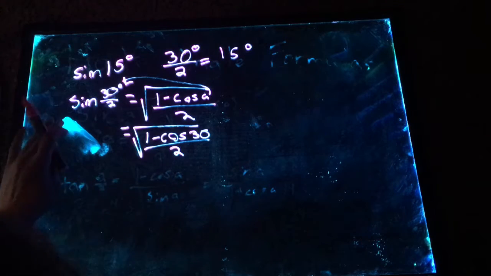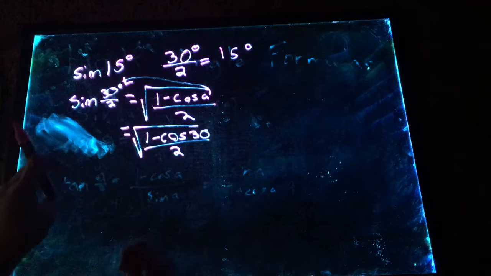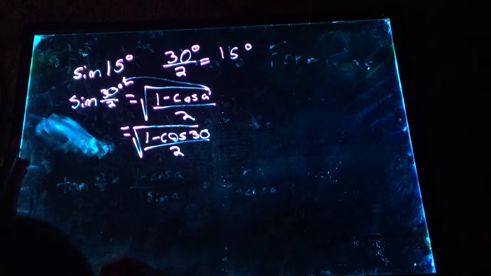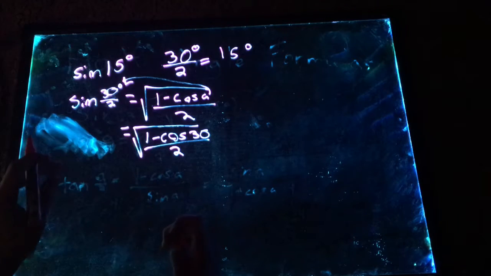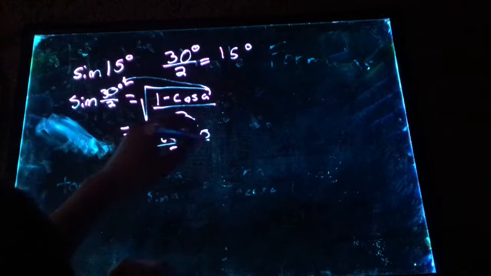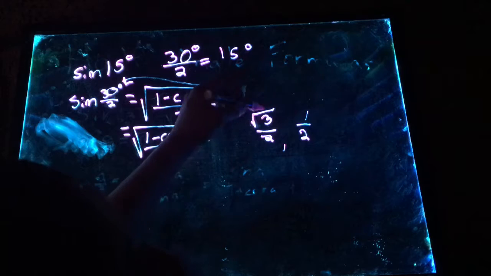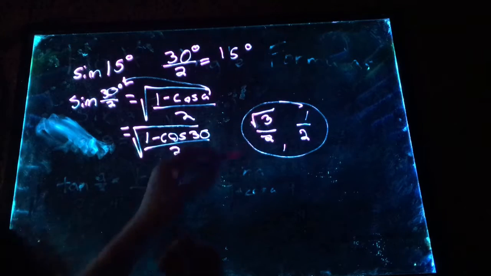And so now we need to figure out where 30 degrees lies on the unit circle. So 30 degrees lies at square root of 3 over 2, 1/2. That's where 30 degrees lies.